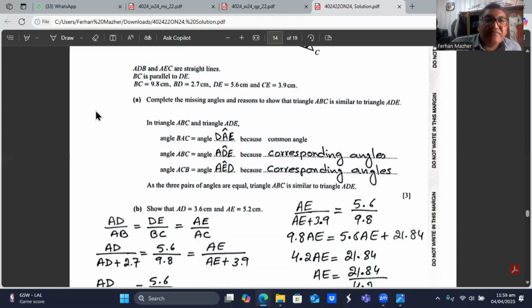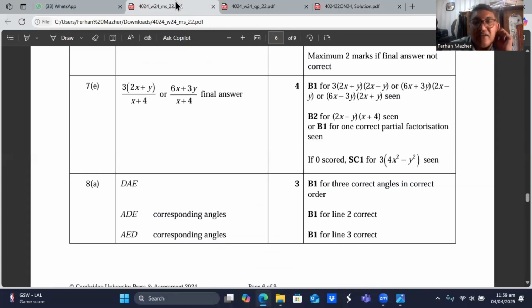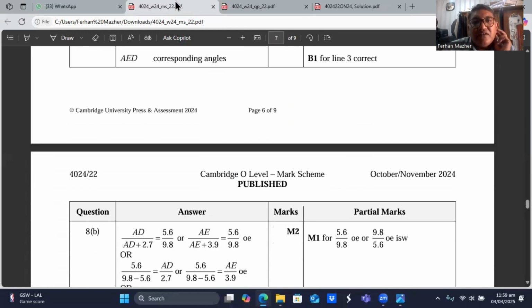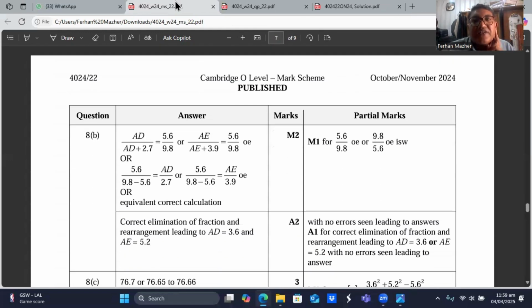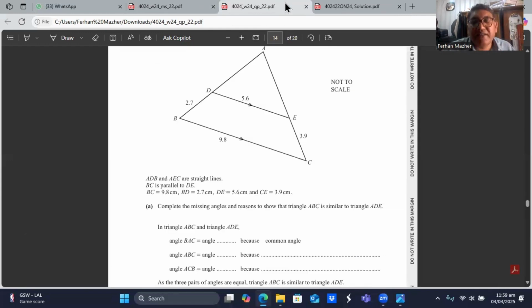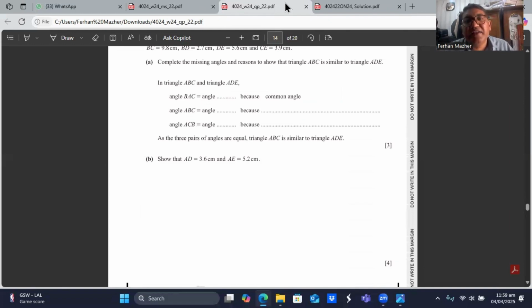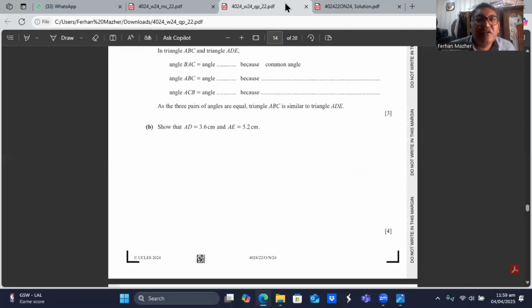Now let me show you the marking scheme as well. So you can see here 8A. Now we are going to the next part. In the next part, they say, show that the AD is 3.6 centimeter and AE is 5.2 centimeters.